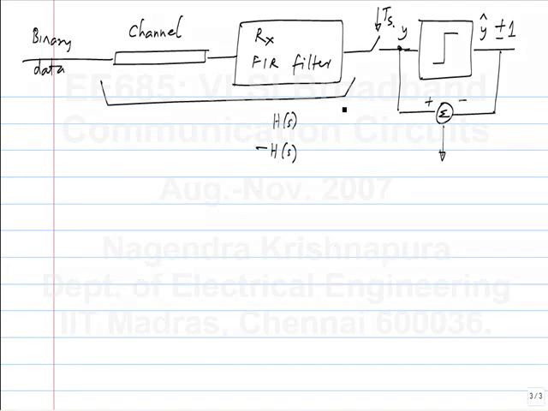No. If it is 1, how will it be less than threshold? The threshold is 0, right? No, why will it? The comparator will give you negative minus 1, but this error will not be 0. No, you should do this. I'm not saying you look at just one particular sample and make it 1, right?